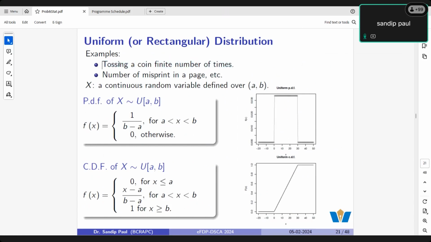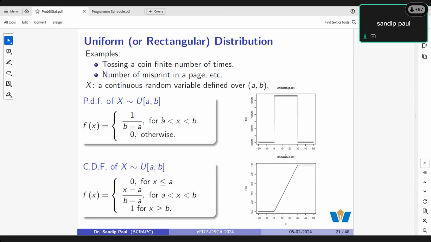Forget this example. I'm giving you one more thing. Suppose I want to count the number of mistakes in a book which has an infinite number of words. So the number of misprints can be 0, 1, 2 or up to infinity. So in that case it is a continuous random variable.